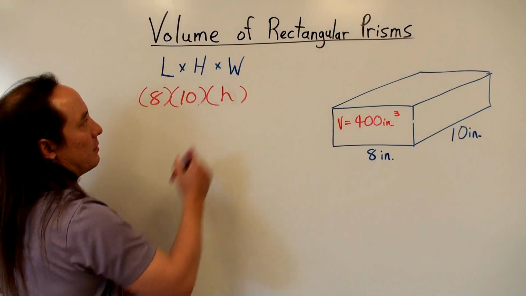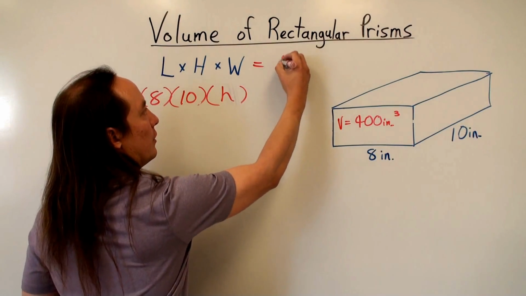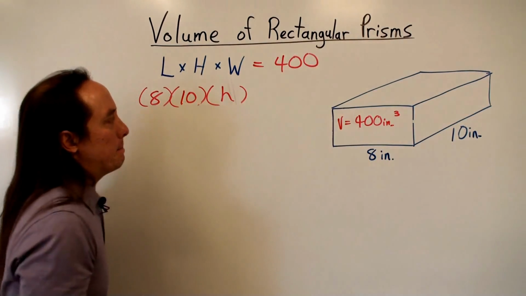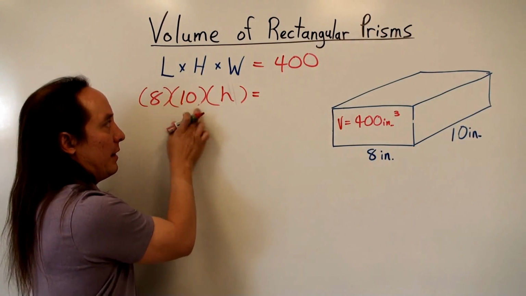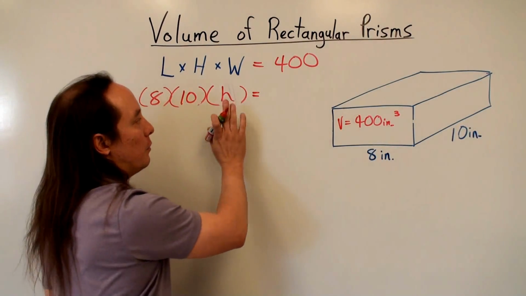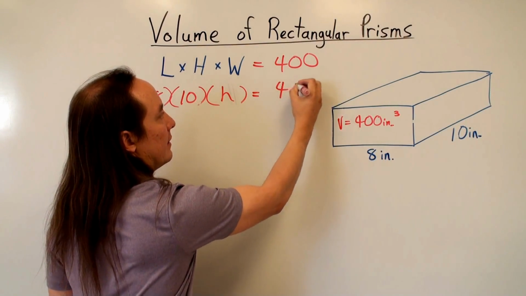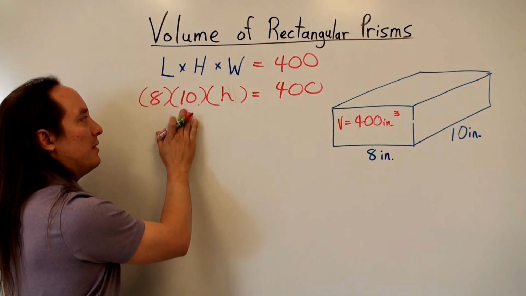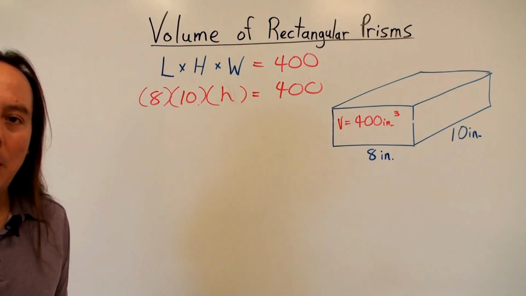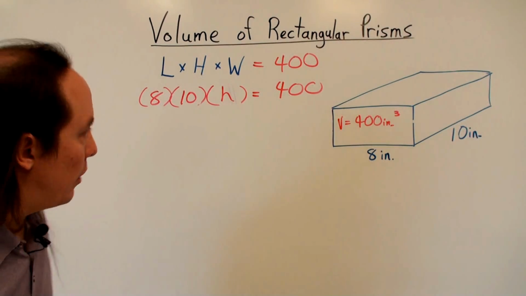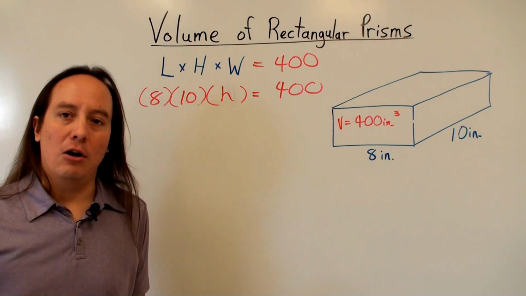So they multiplied these 3 things, and they got 400, right? So we have it here with the information that they also gave us. They gave us the length and the width, and they're asking us for the height. So they multiplied this times this times this unknown, and it equals 400. Now we have a basic equation. We have an equation that is ready to be solved.